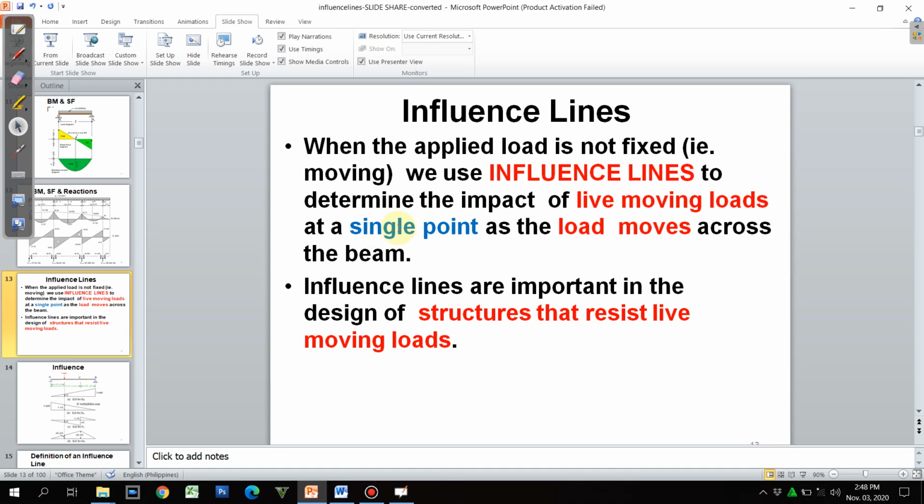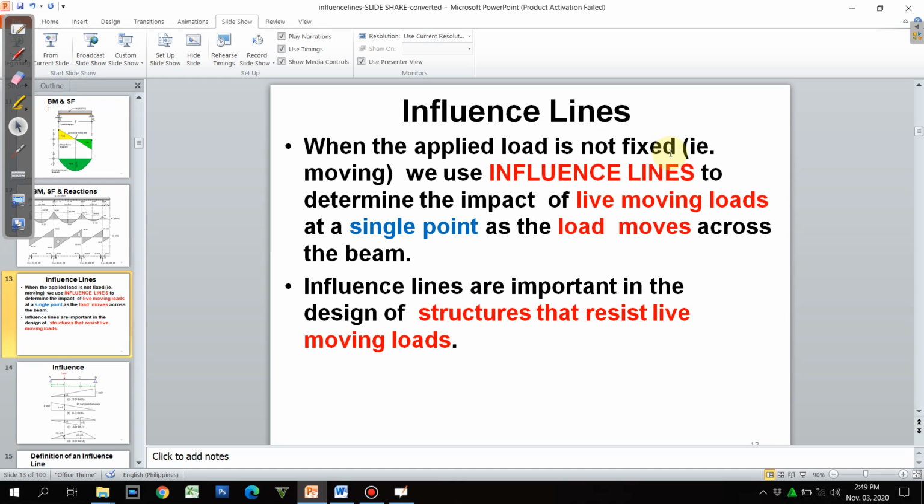Moving on to our definition of the IL, or influence lines: when the applied load is not fixed, meaning it is already moving, this time we are dealing with moving loads. Moving loads have a lot of applications, especially in engineering.